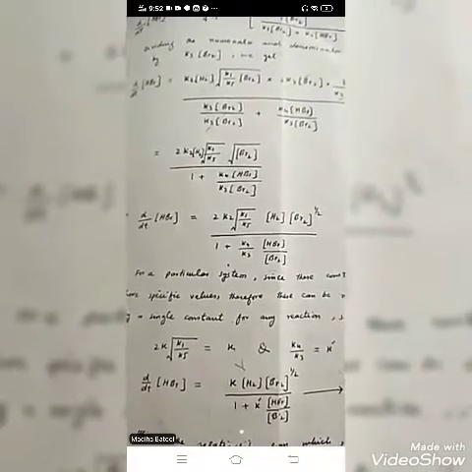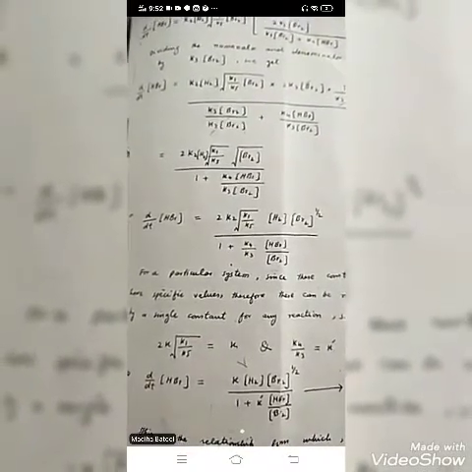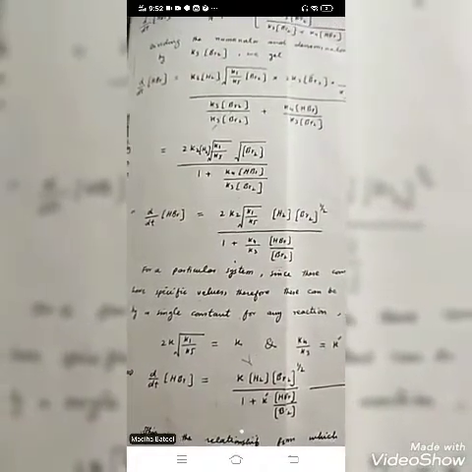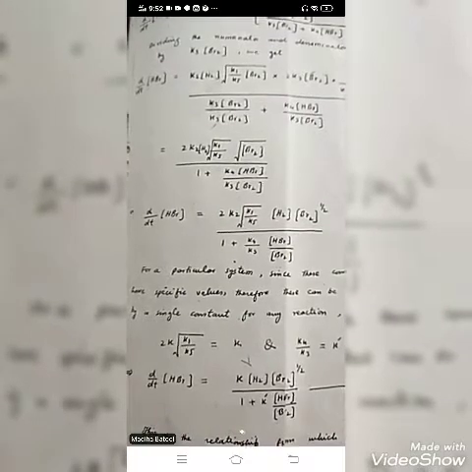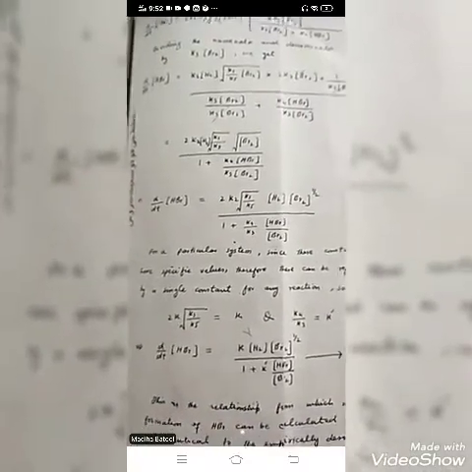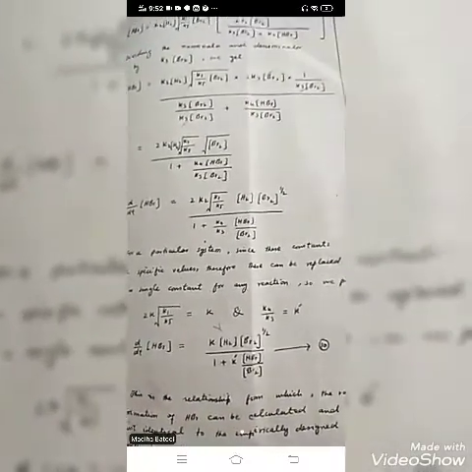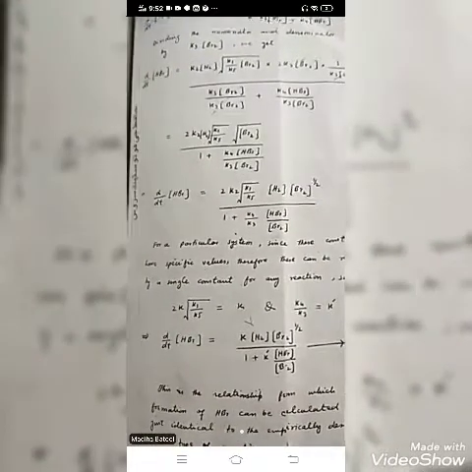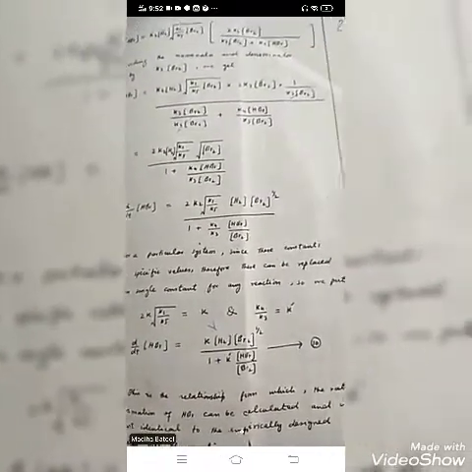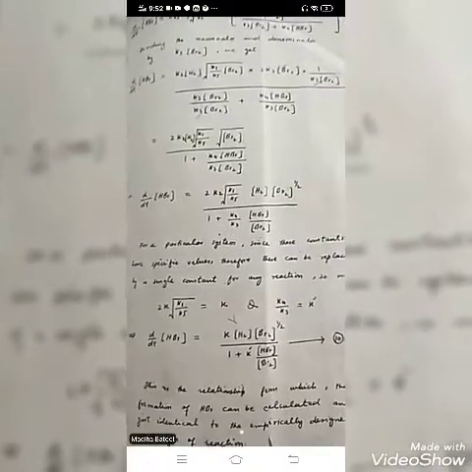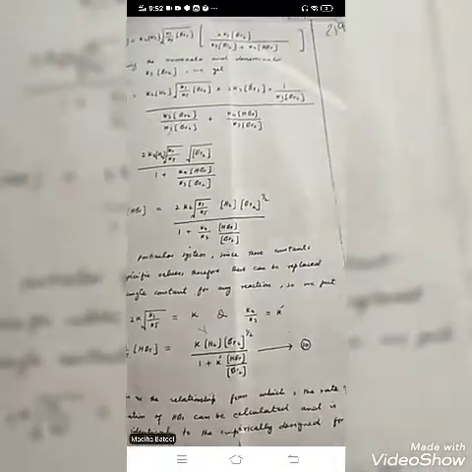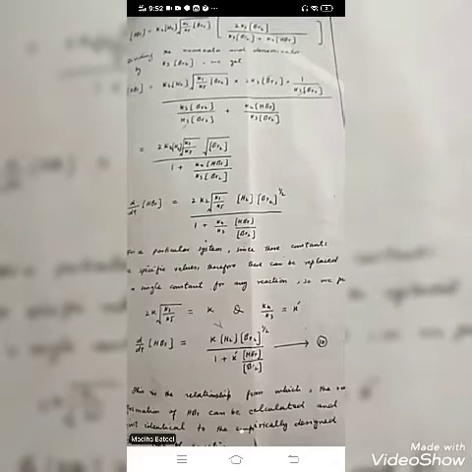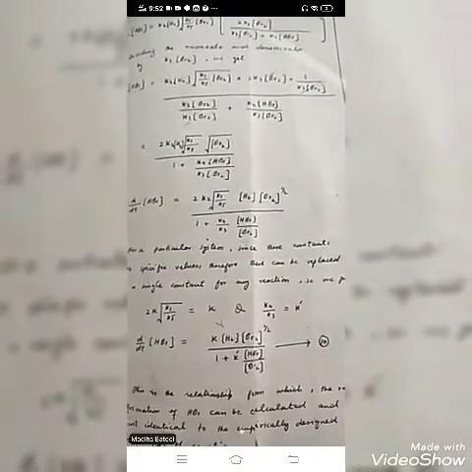Now it is with the bromine, only for easiness, with K2 and K1 divided by K5. Now for the particular system, since the constants have specific values, they are replaced by a single constant for any reaction. So we put 2 K2 root of K1 divided by K5 equal to K, and K4 divided by K3 is equal to K dash.